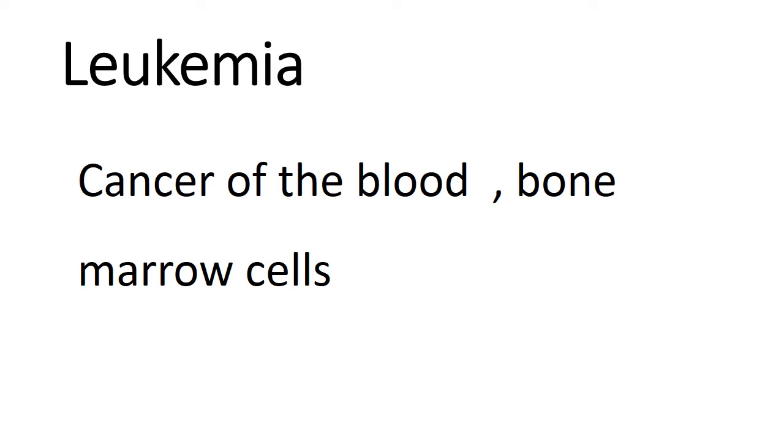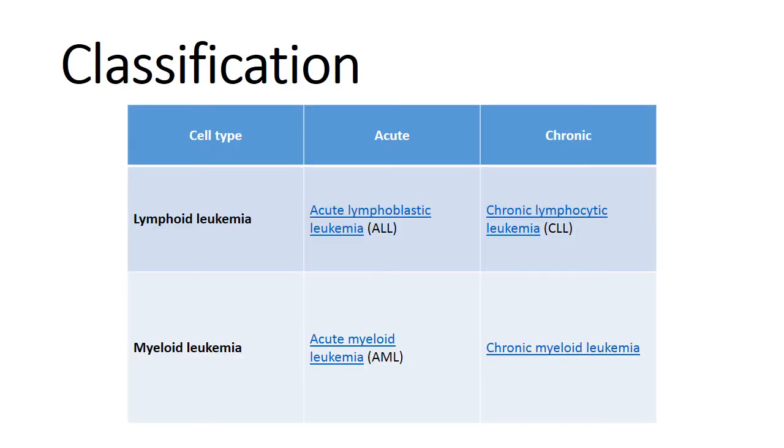Today we will be concerned with the study of leukemia, which is the cancer of blood or bone marrow cells, leading to infiltration of the bone marrow by malignant cells, which may or may not disseminate to the peripheral blood. According to the onset, leukemia is classified into acute and chronic.